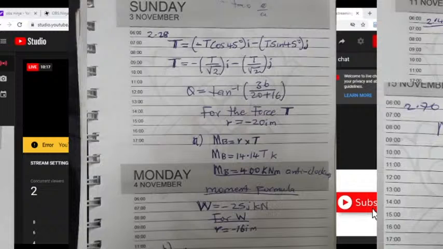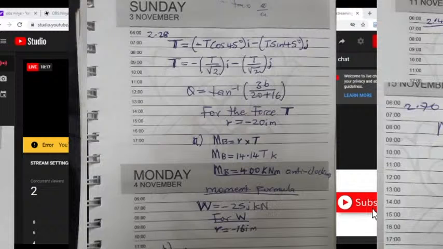Then we have to find our MB, which we are going to say is R times T. Remember, we have already calculated our T, or we already have an equation for T, and we have R already, which is negative 20.